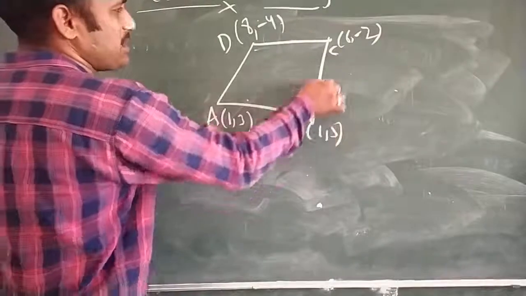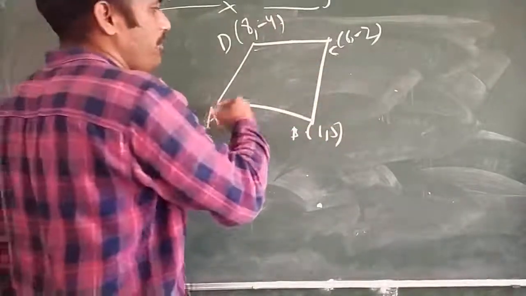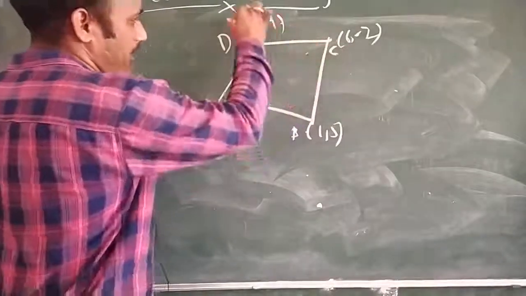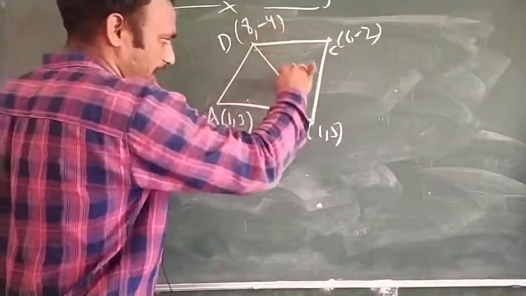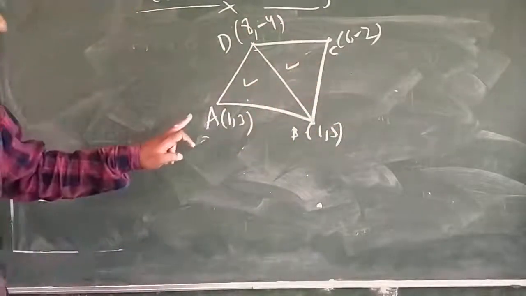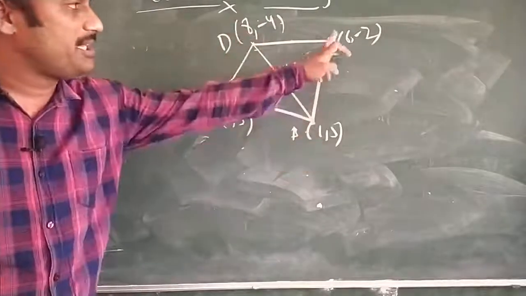Now, if he asks to find the area of the quadrilateral, then we don't have a special formula. Either I will join the AC diagonal or the BD diagonal. If I join the BD diagonal here, I am able to get 2 triangles. What are the 2 triangles? ABD is one triangle and BCD is the other triangle.